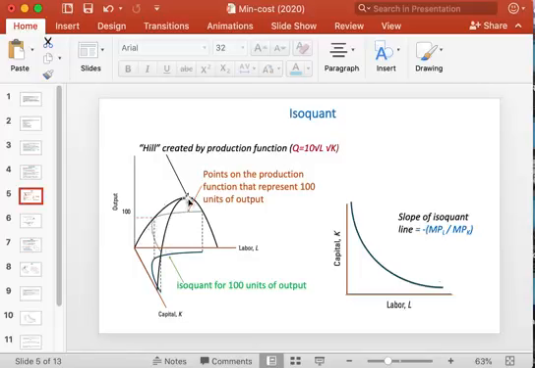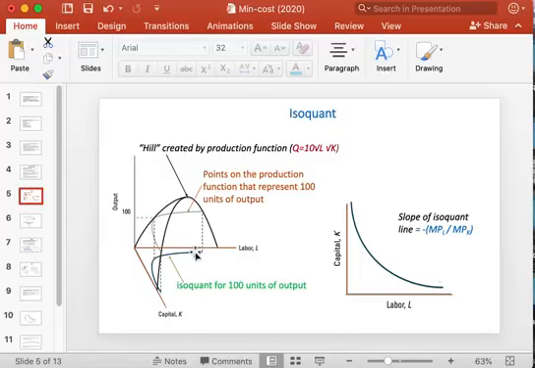Then you can project this contour line for 100 units from the surface of the hill created by this production function onto the plane of labor and capital.